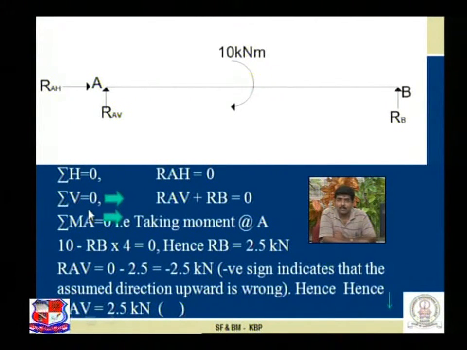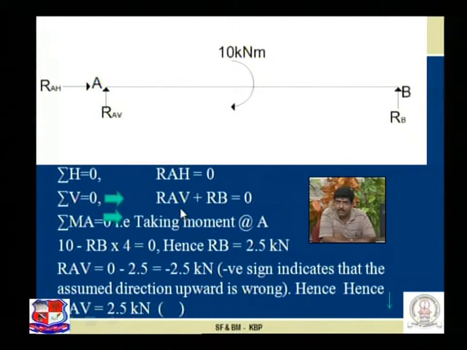Let us apply sigma V equal to 0. In the whole system of the beam, only two vertical forces are acting, RAV and RB. No external load is acting on this particular system, hence RAV plus RB is equal to 0.